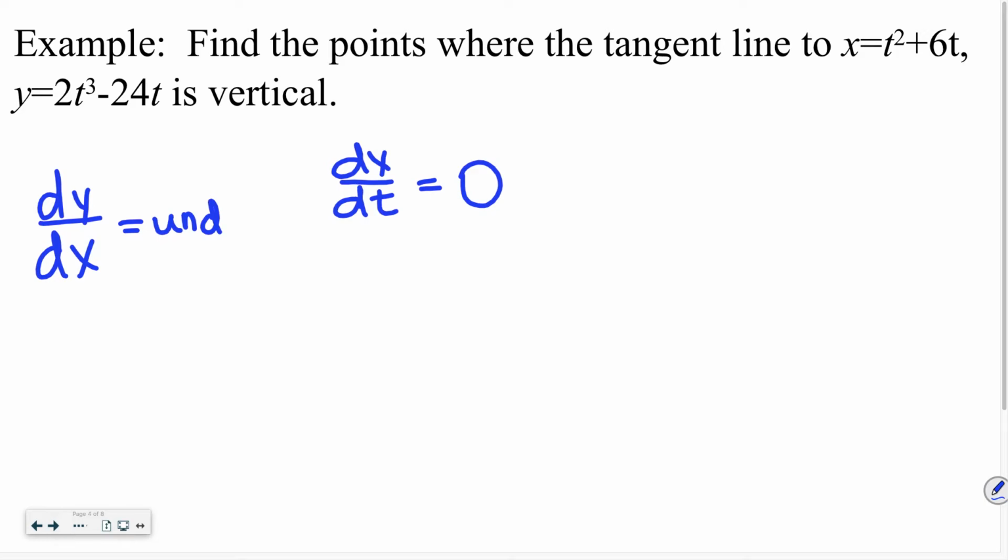Okay? So what is dx/dt? 2t plus 6. So I want to see that you solved for t equals -3. But then your answer is actually the coordinate at which that occurs. So you'd probably get a point for dx/dt set equal to 0, a point for finding -3, a point for the coordinate.